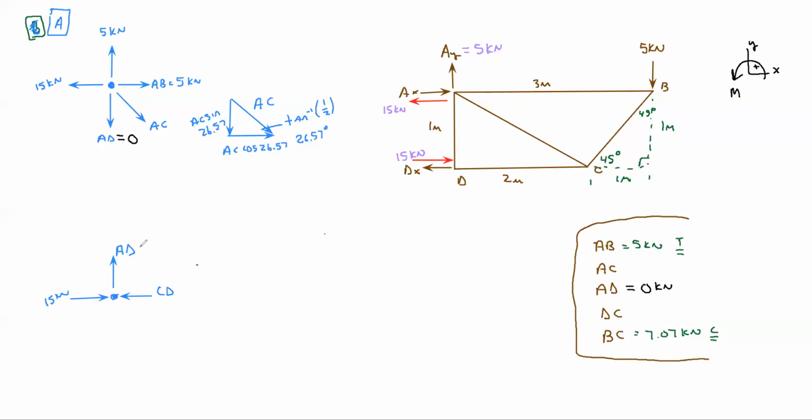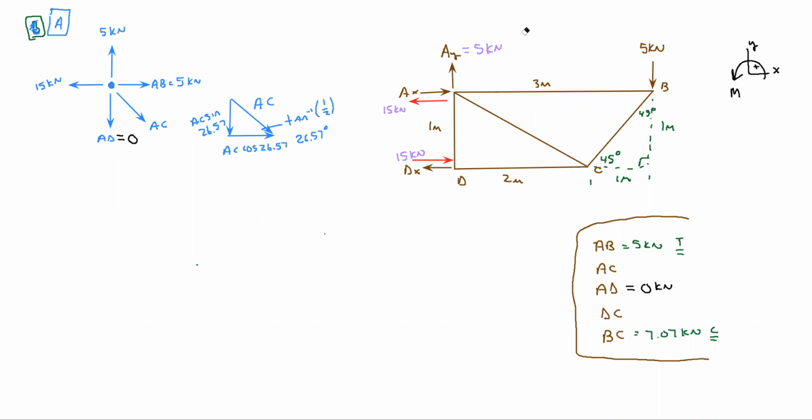If you only have one force in the y direction and you have a numerical value for that force, that should be a red flag, which would force you to reevaluate AD after you finish point D. So that's my soapbox thing about that.